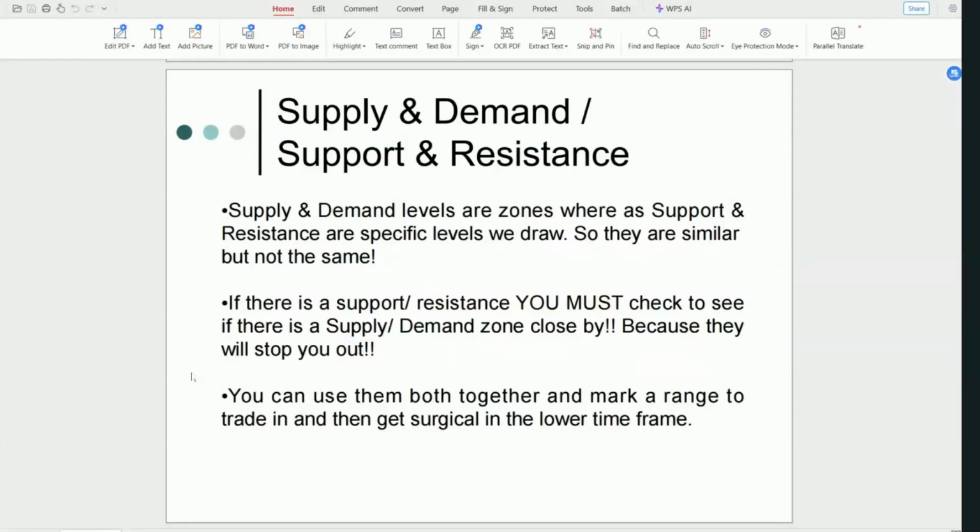Or if the range is big, I will also teach you and show you how to do a Fibonacci zone inside the range as well. In the interim though, let's do a few examples and just figure out supply and demand, support and resistance. So when we look at the chart, we should be able to see them straight off the bat. We should get that competent in these.